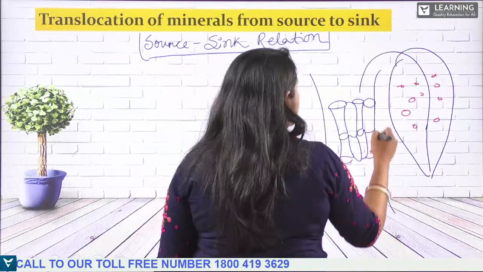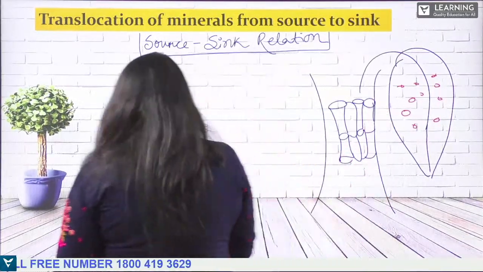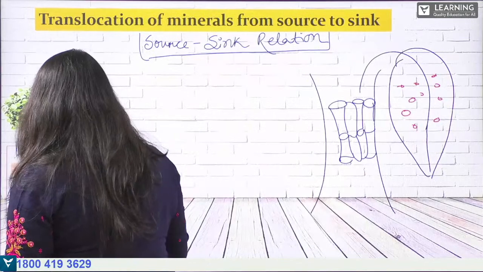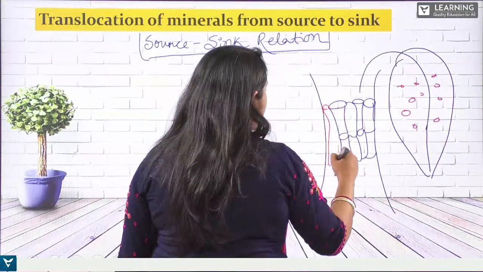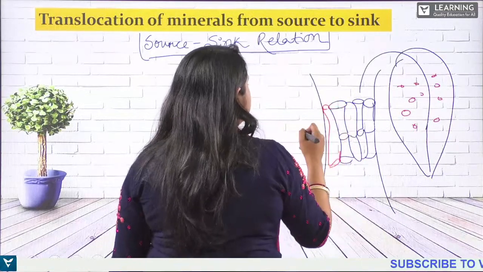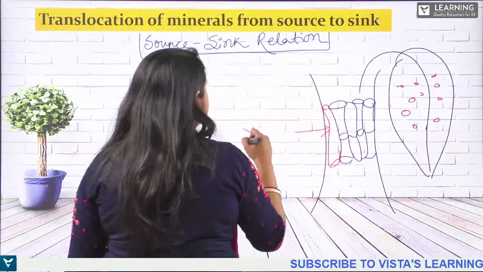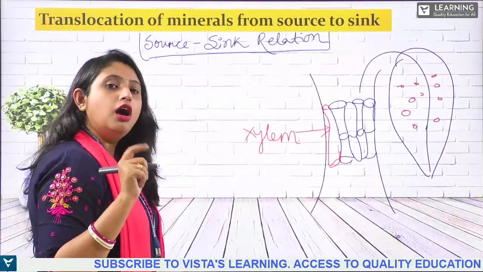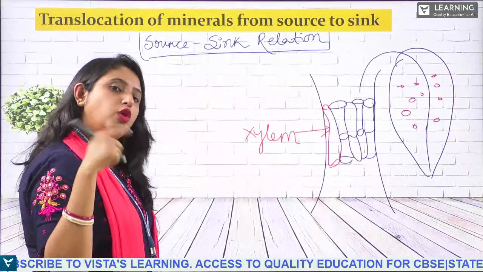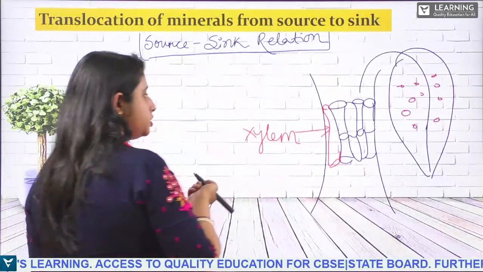Near the sieve tube, the trachea will be present, that is xylem. In the plant, both phloem tissue and xylem tissue are present.